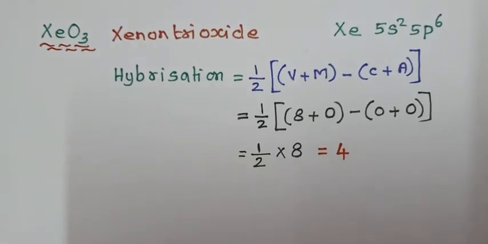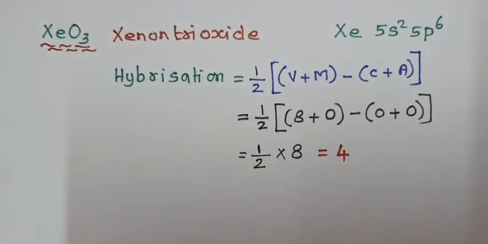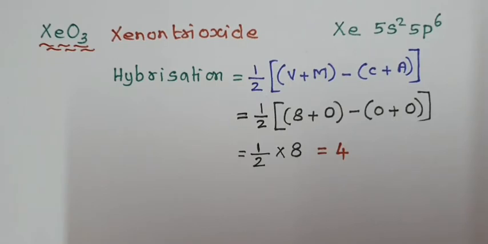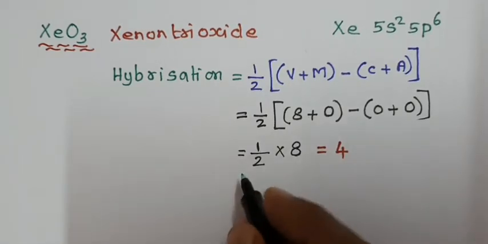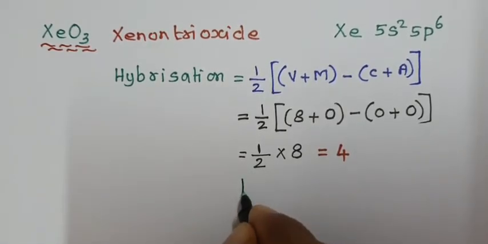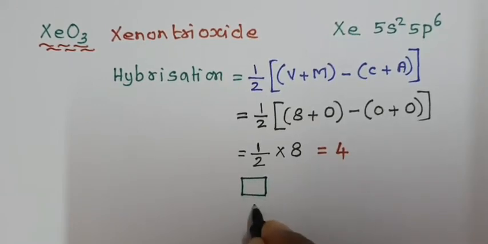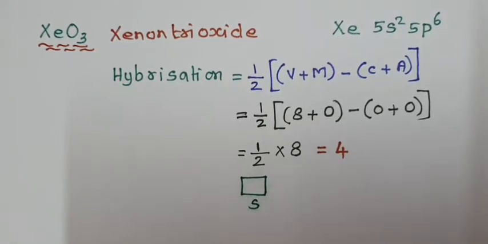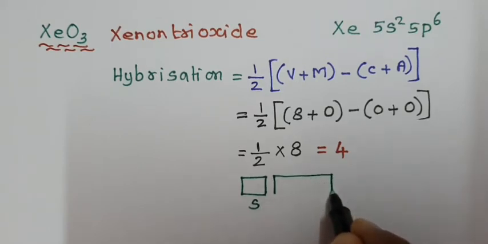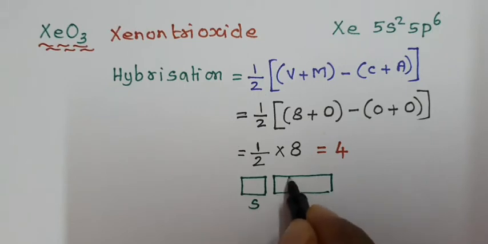If the answer is 4, how do you select the orbitals for hybridization? Start with the s orbital. The s orbital has only one orientation. The p orbital has 3 orientations: Px, Py, Pz.